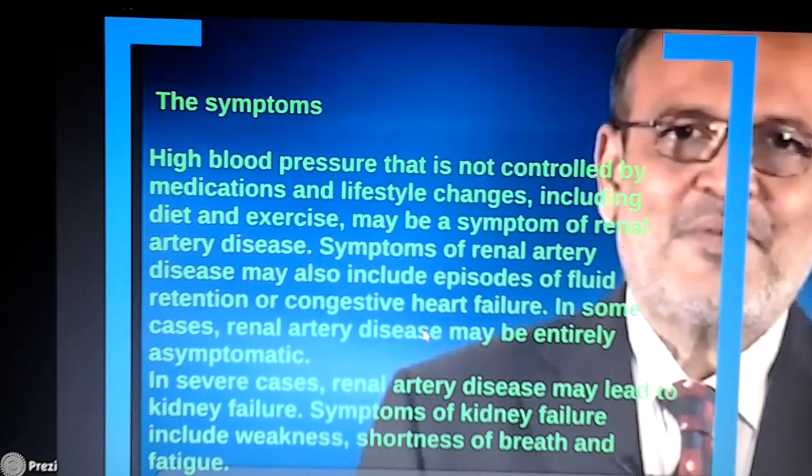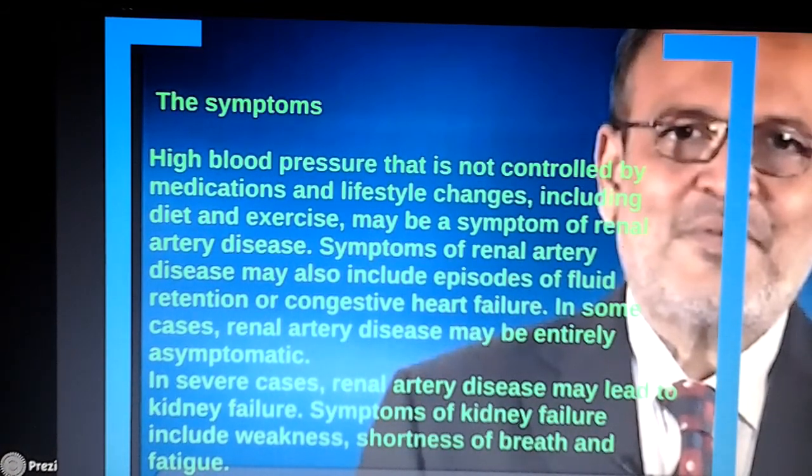Symptoms may also include episodes of fluid retention or congestive heart failure. In some cases, renal artery disease may be entirely asymptomatic.